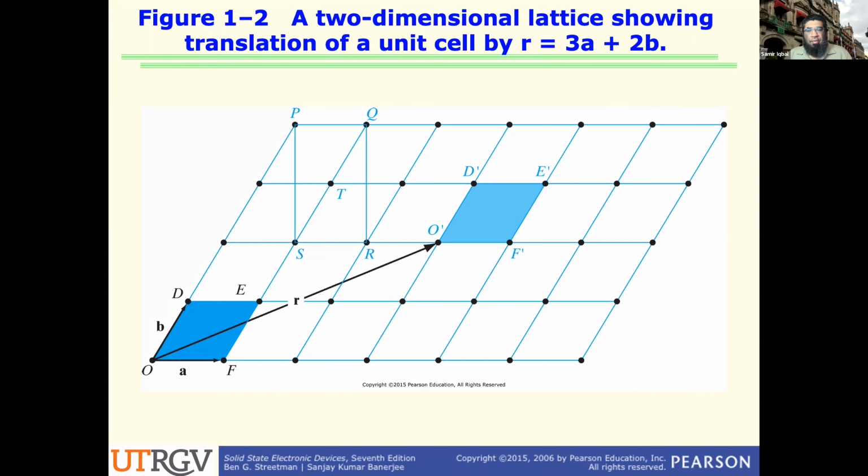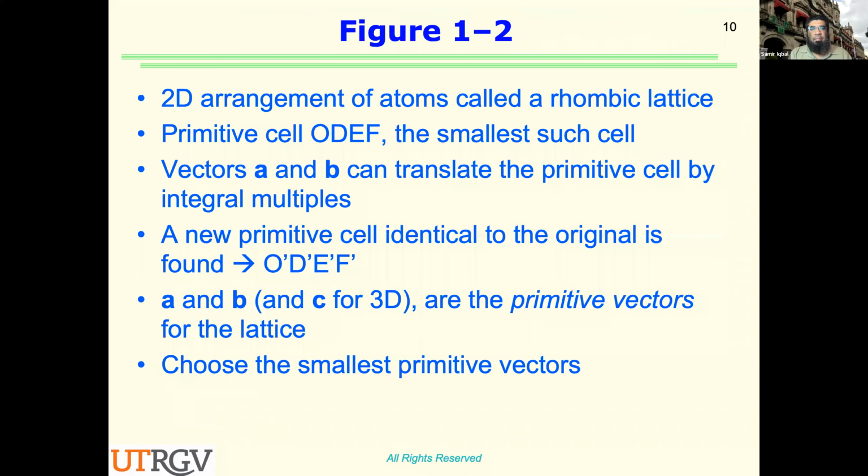Now if it was in 3 dimensions, going from 2D to 3D, we can always find that primitive cell and translate it into 3D space and find a vector that can take us from there, right? So that vector can be a simple vector addition of 3 vectors, each with its own multiple.